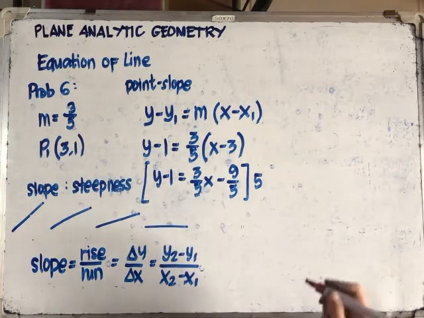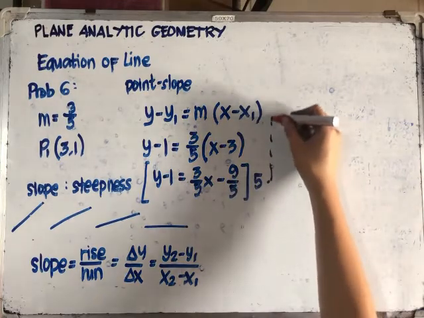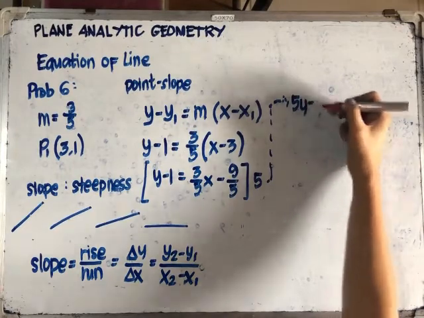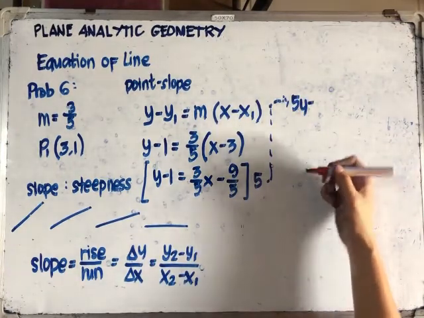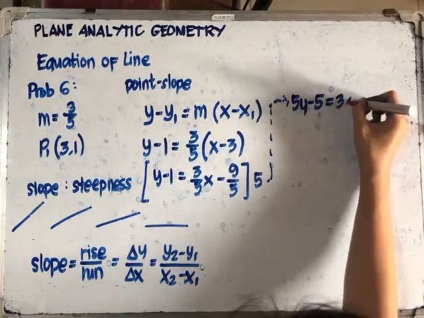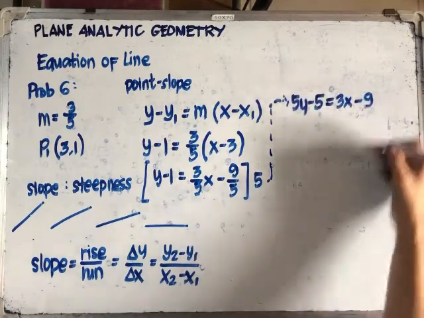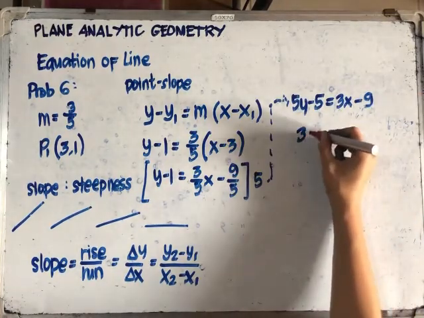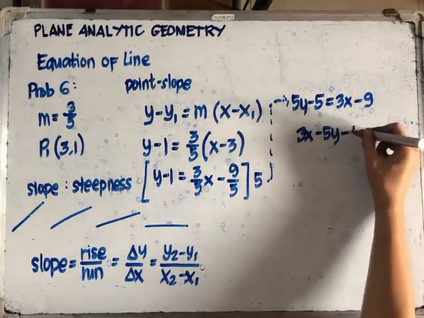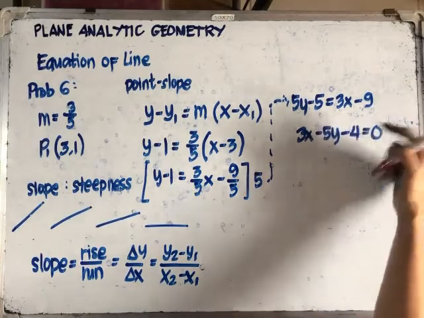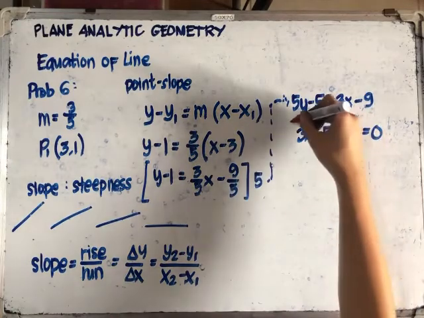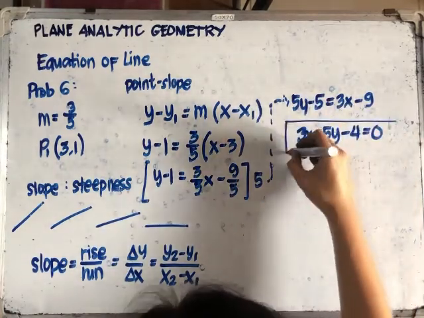Multiply natin siya ngayon by 5 lahat, and that would give us 5y minus 5 is equal to 3x minus 9. Rearranging that would give us 3x minus 5y minus 4 equal to 0. Right? On the other side, 5y, to the other side. Alright. So this is the equation of the line.